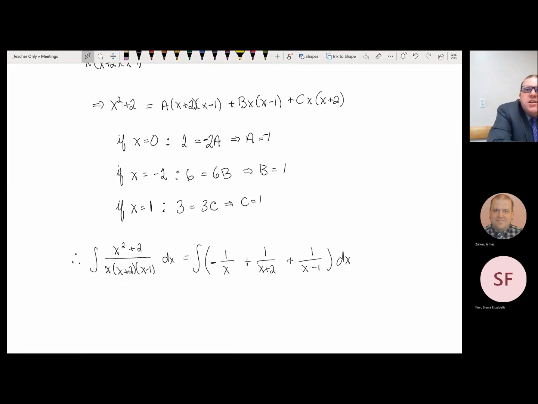That is how our fraction decomposes. Or our rational function decomposes, I should say.